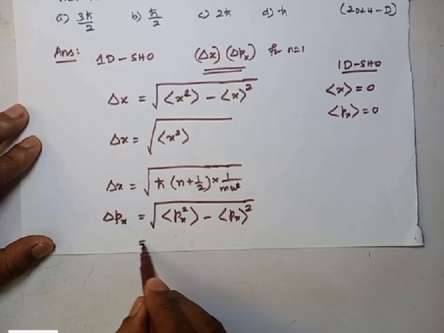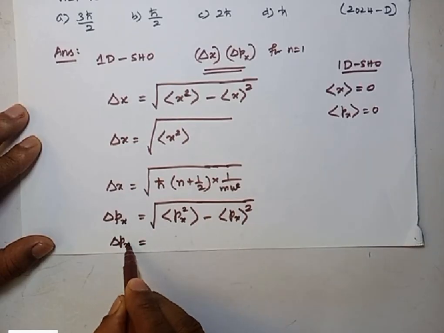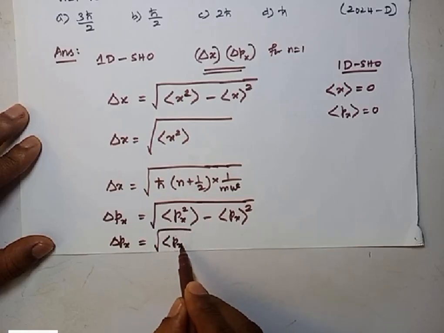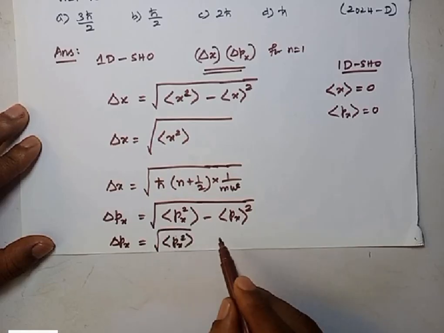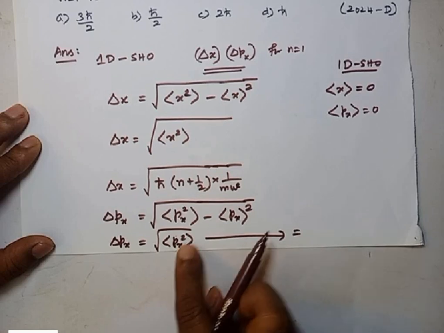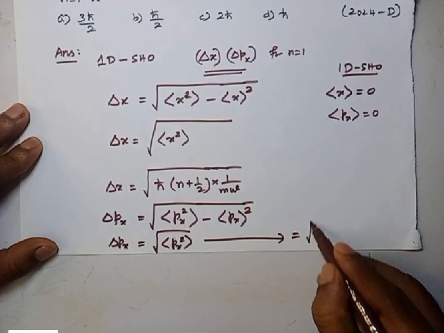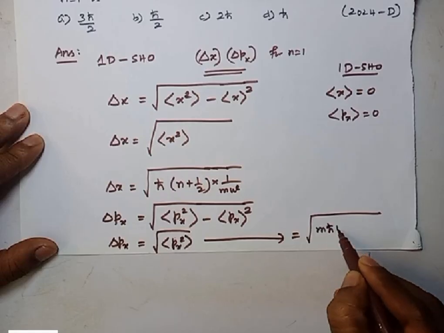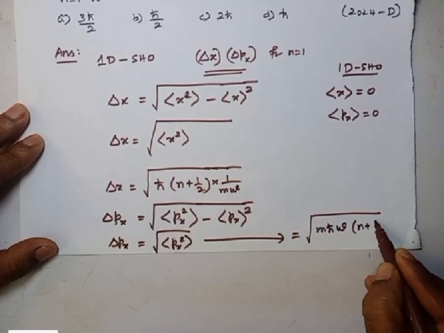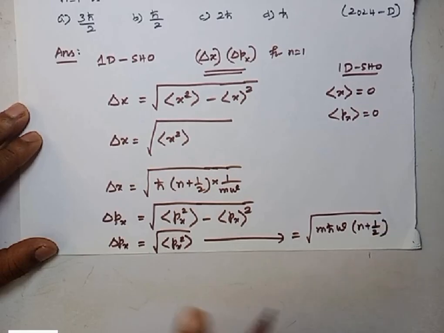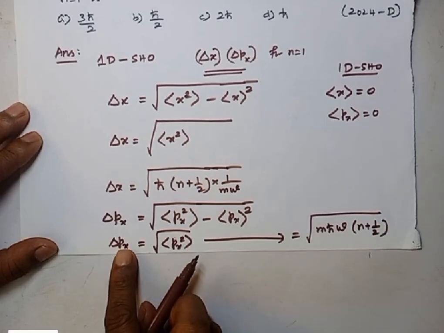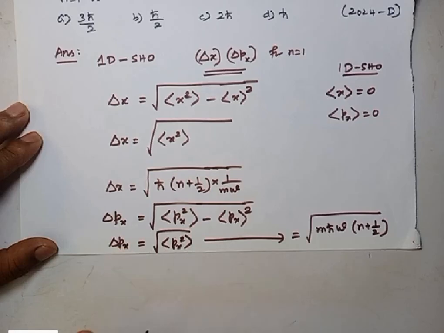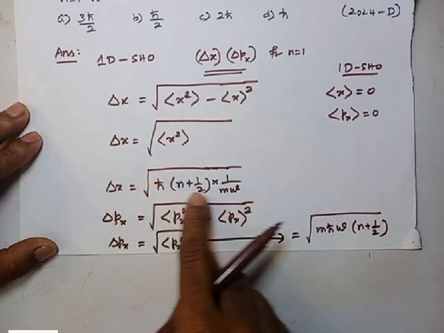Therefore the uncertainty is the square root of the average of px square, which is given: the square root of m h cross omega into n plus half. This is the uncertainty in the measurement of momentum, and the earlier one is the uncertainty in the measurement of position.